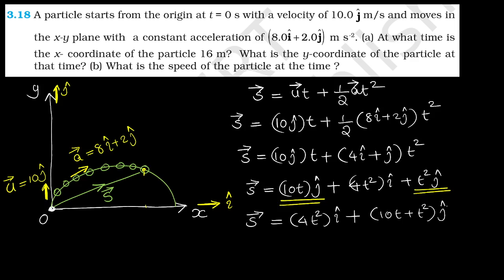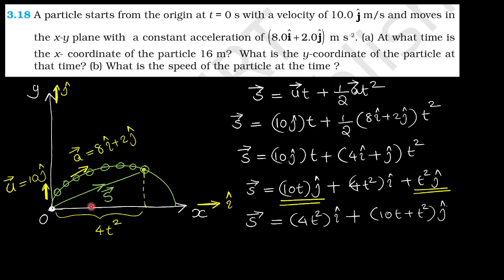Now listen. S equal to 4t square i plus 10t plus t square j. What is the meaning of this 4t square? 4t square i means the displacement will have horizontal component 4t square.